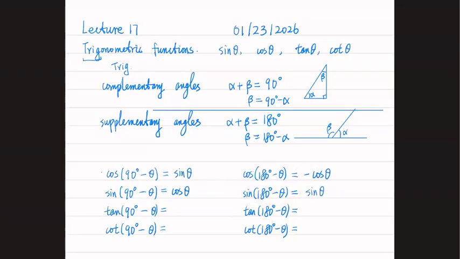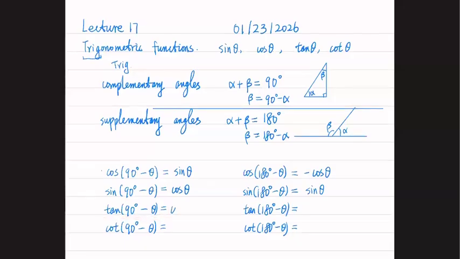Okay, so with these two formulas, we take a quotient, we can get a formula for tangent and cotangent of complementary angles. Amy, tangent. Cotangent theta. And Jessica, cotangent.